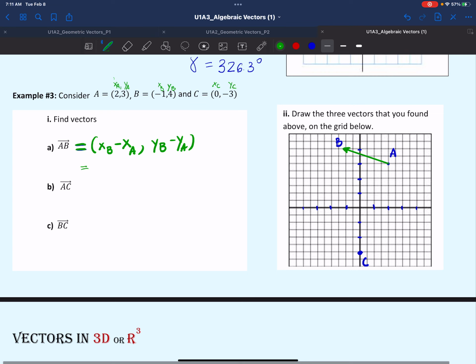And substitute. We're doing x first. So x at B is -1 minus 2. And y at B is 4 minus 3. So that means that vector AB is -3, +1.